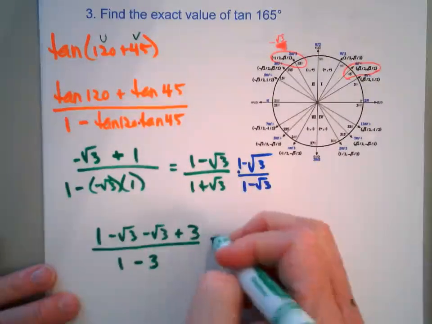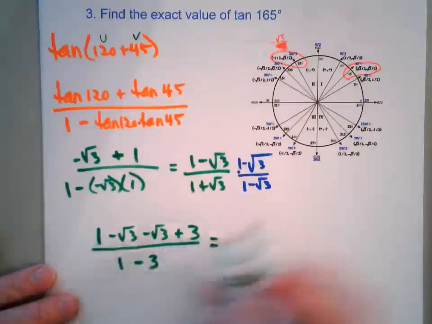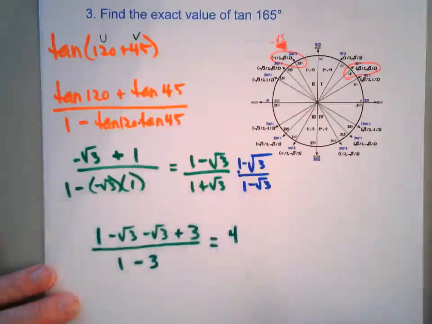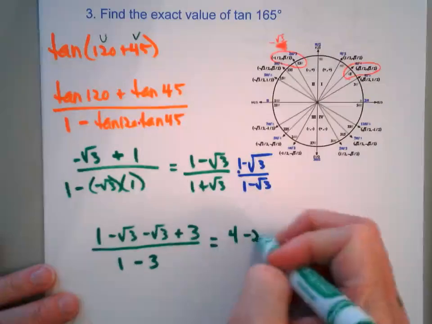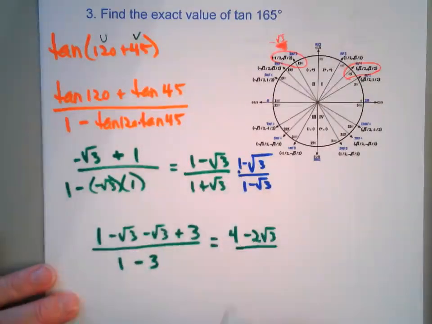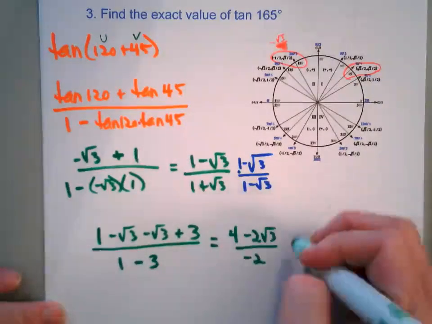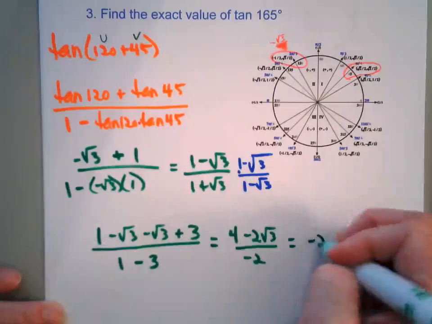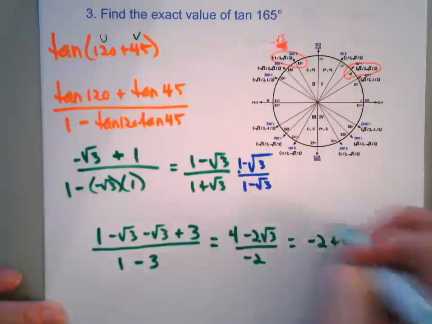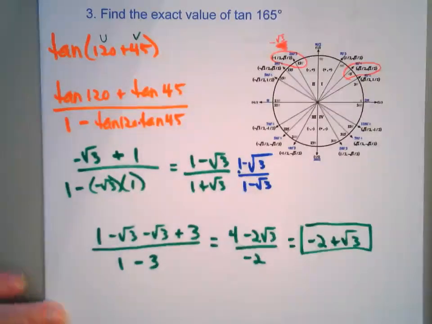Okay, clean this up one more time. We're done. So 1 plus 3 is 4. Negative 2 square roots of 3 all over negative 2. We do have a little simplification to do. Negative 2 will divide into both of those. So we get negative 2 plus square root 3. And there we are. That's finished.